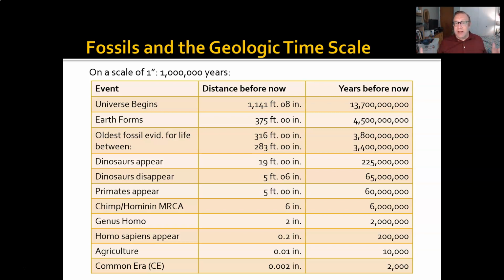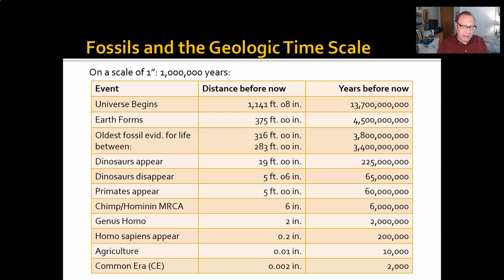That's quite a lot of distance compared to the beginning of the universe, which is 1,141 feet away from you. The dinosaurs stick around until about 5 feet 6 inches from you. Primates first appear about 5 feet from you, so very soon after the dinosaurs disappear.